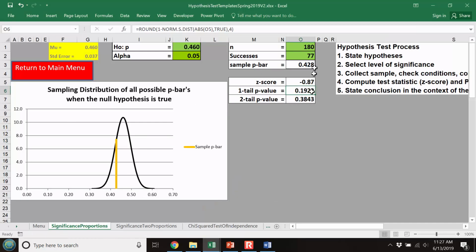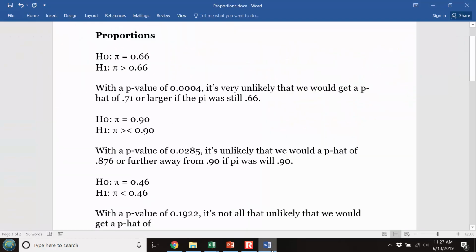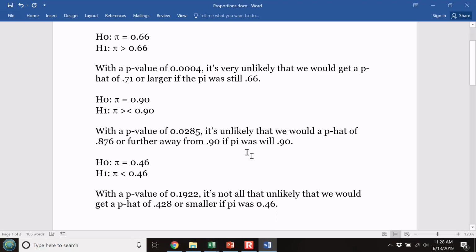Hat was 0.428. I'm saying that's not that unlikely. It's almost 1 out of 5 chance.